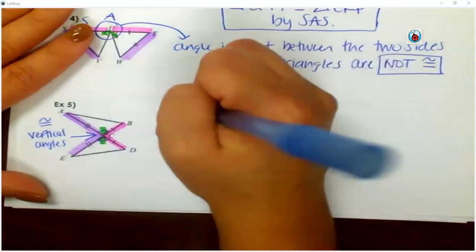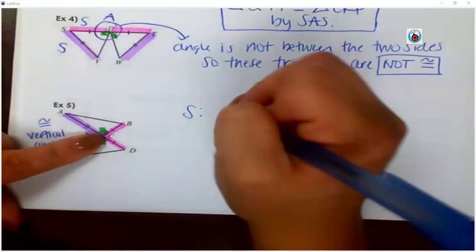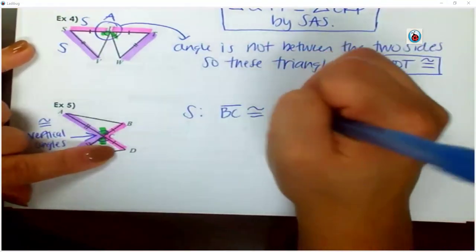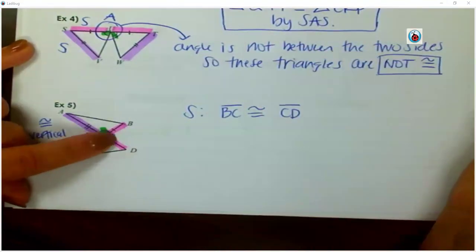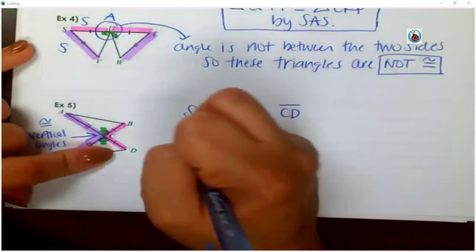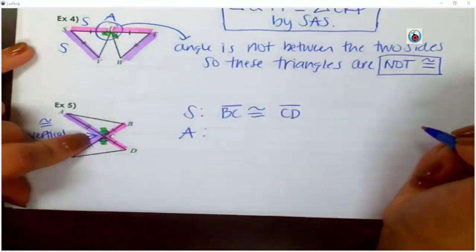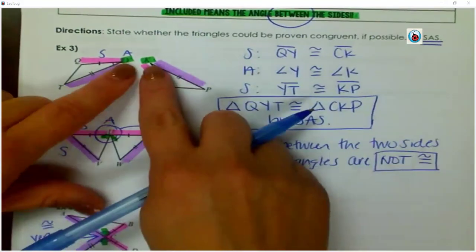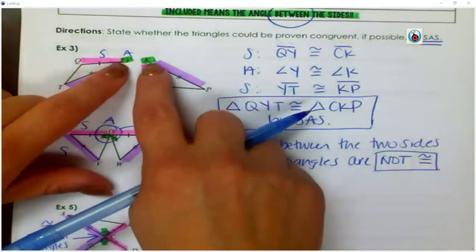So this technically applies. So we have the first side is BC is congruent to CD, okay, because those both are marked with one tick mark. My angle, well, compared to example 3, angle Y and angle K were isolated and by themselves, so we were able to use one letter.